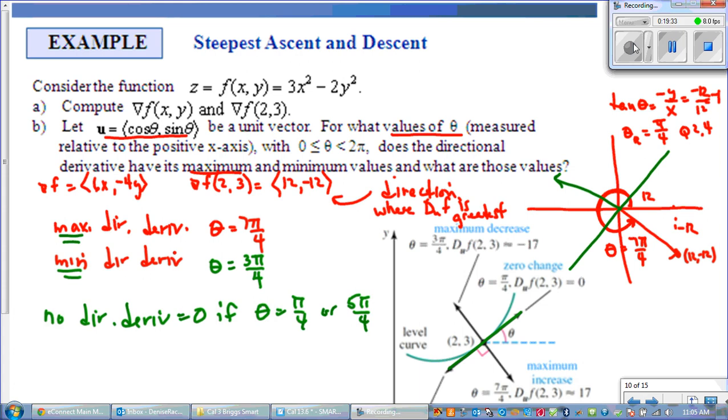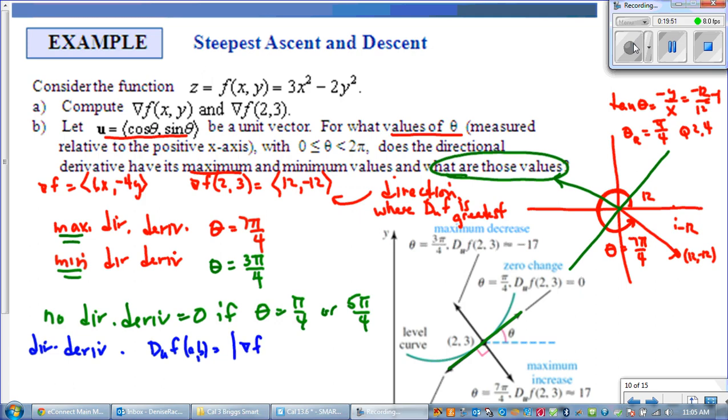And now if you actually want those directional derivatives, the maximum directional derivative is the magnitude of the gradient.